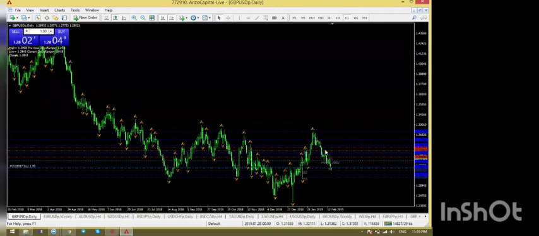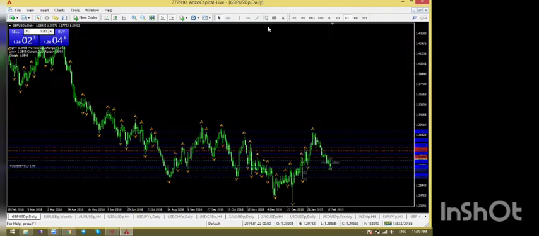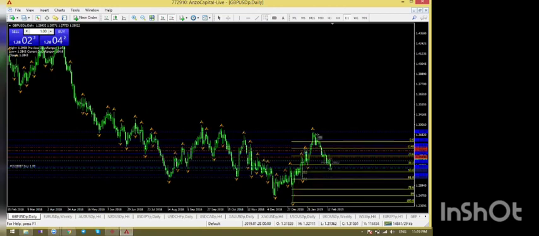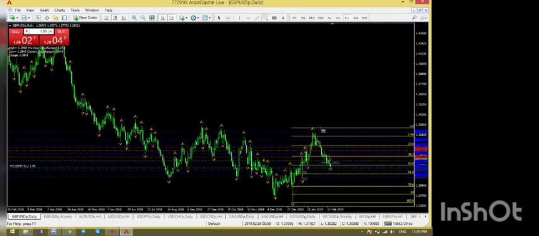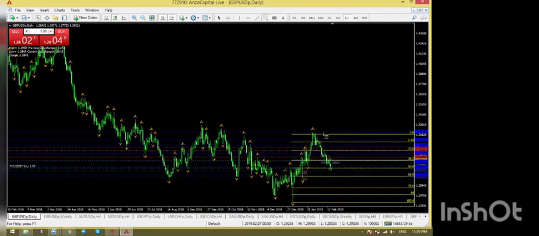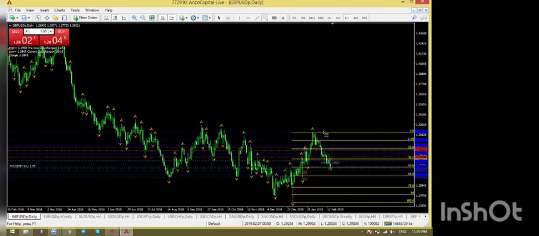Okay. So in this zone, we don't have a swing low, so we have to draw it from here to the high point, from low to high. Good job.